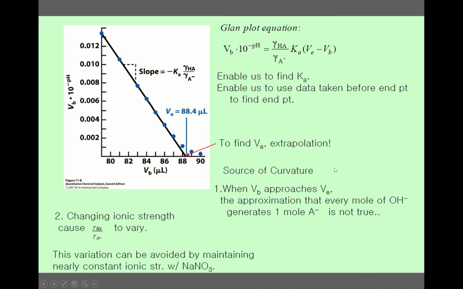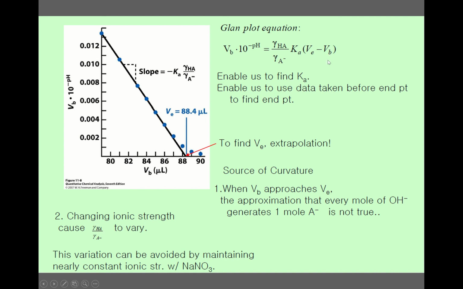So the Gran plot is a plot of VB times 10 to minus pH versus added base volume. So here, this is a simple linear equation. Although complicated looking, this is a linear equation.